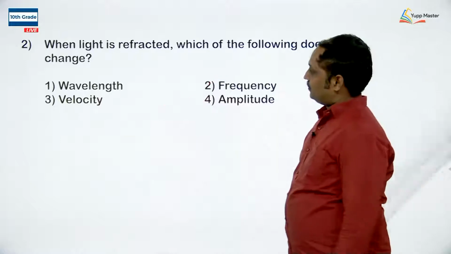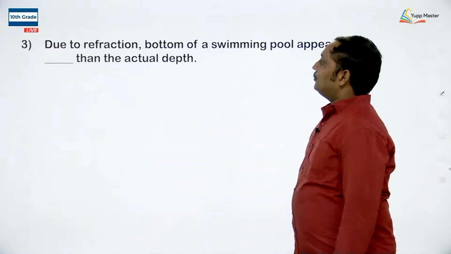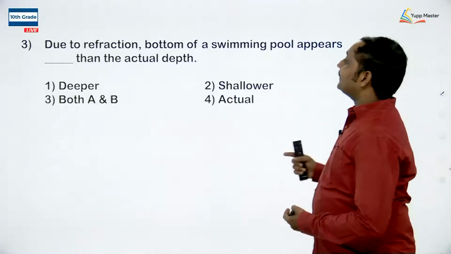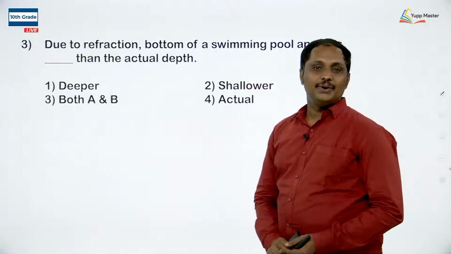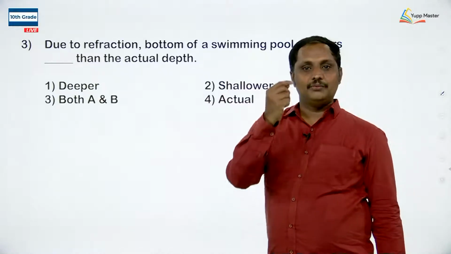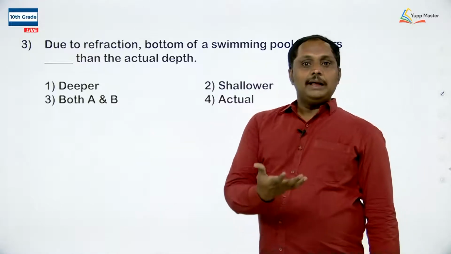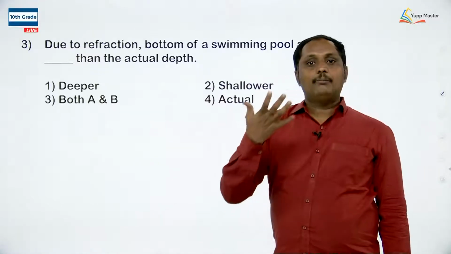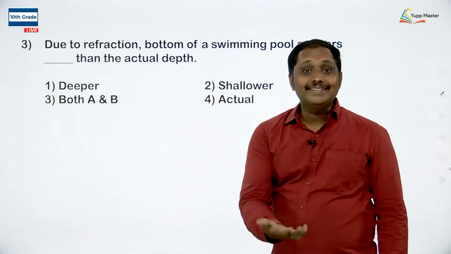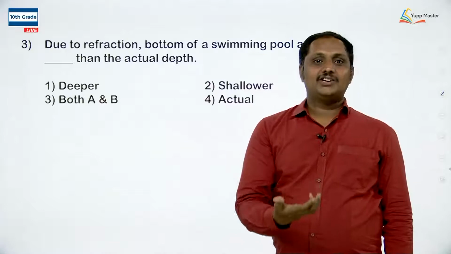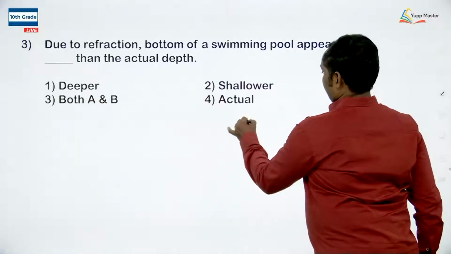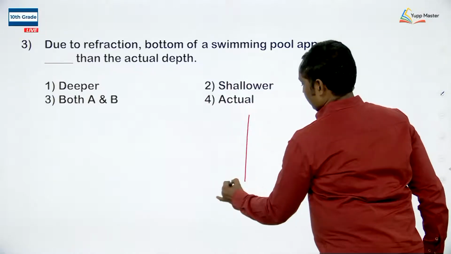Let us go for the second question. Due to the refraction, the bottom of a swimming pool appears dash than the actual depth. What happens when you consider the phenomenon of refraction? Due to that, the bottom of the swimming pool appears raised than the actual height.